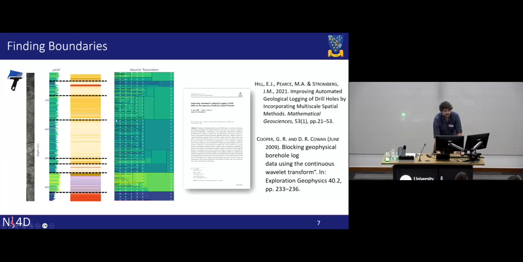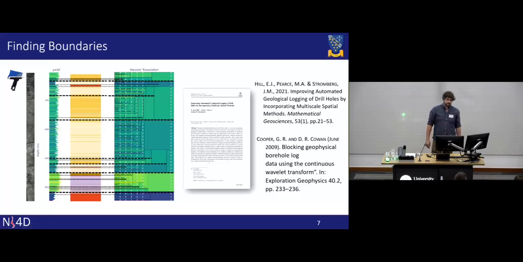The way to read this is the further the lines extend to the right of this diagram, the stronger the boundary. So hopefully you can appreciate, for instance, this interval here is quite distinct, and likewise the boundaries bounding it, top and bottom, extend all the way across to the right. And it doesn't just do it for the major boundaries, it does it for any inflection point in your signal down, at smaller and smaller scales.